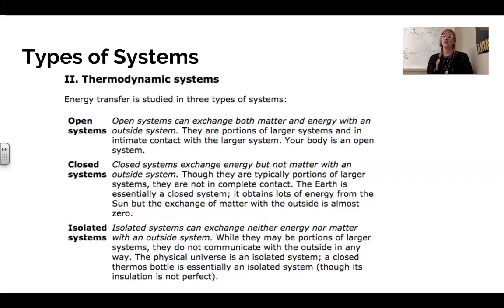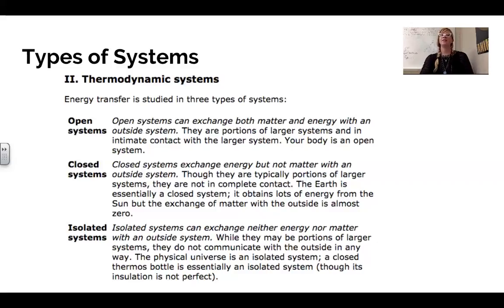They release heat, maybe they take energy like electricity, right? So you might even think of your phone as a closed system. You take energy from an outlet and your phone produces heat energy, right? It produces infrared energy that you can't even see. But it's not exchanging matter, right? A piece of your phone is not coming off necessarily.